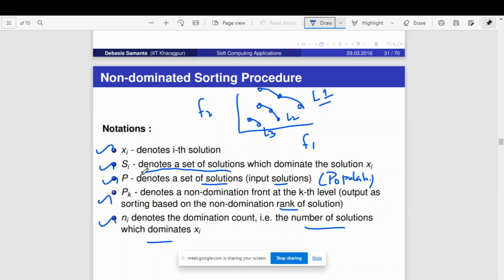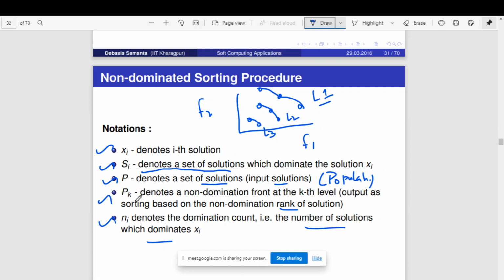So could you say what is P here? What is P? Set of all solutions. What is Xi? Yeah. What is Si? Yeah. Set of solutions which dominate Xi. What is Ni? Count of Si.